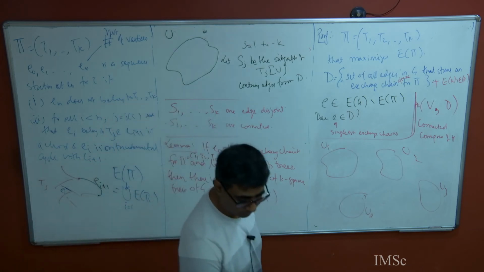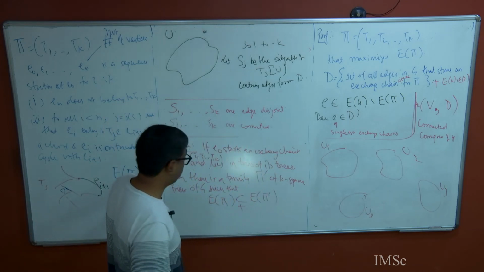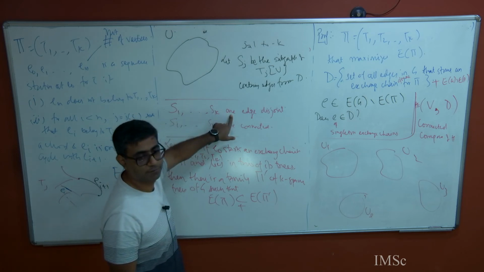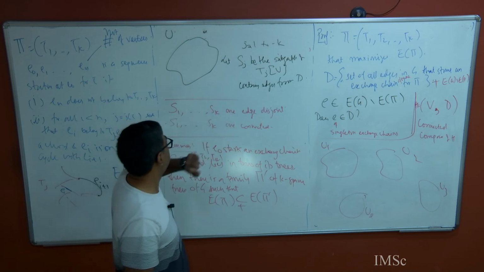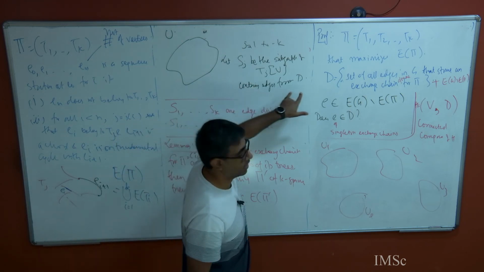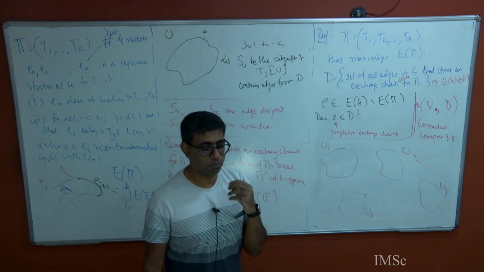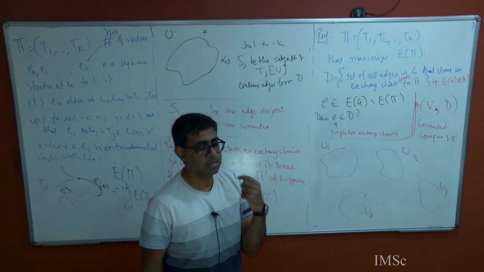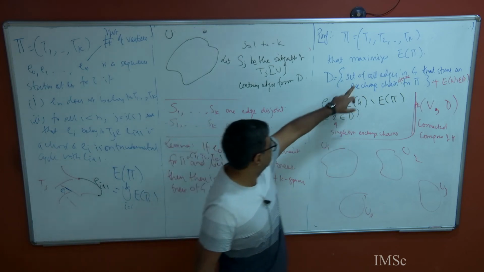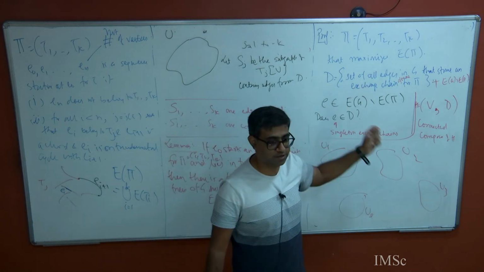Now if I prove this lemma independently, then I can apply it to this fact. S1 to Sk contain edges from D, which are the set of all edges that start an exchange chain for pi.